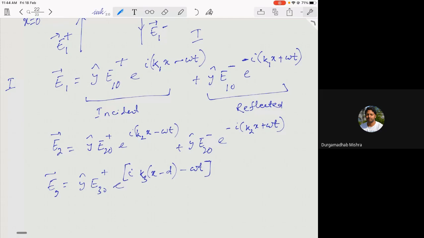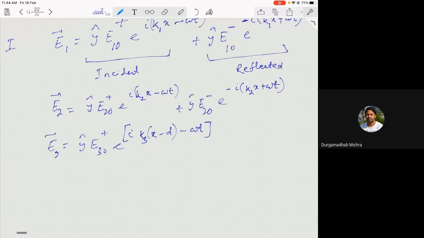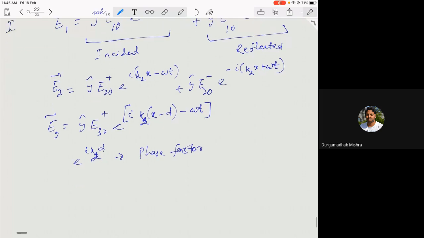Otherwise, normally you should write i k3x minus ωt. But this exponential of i k3d, or rather it should be k2d actually, is a phase factor for some simplification while solving this equation.